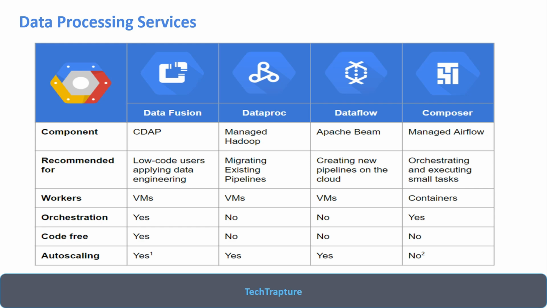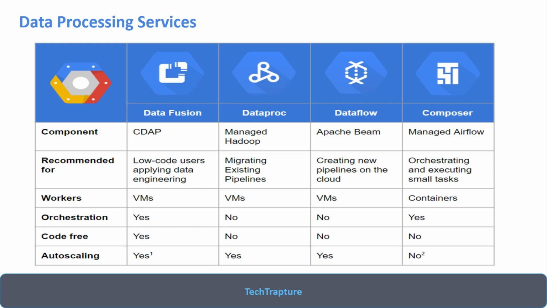Orchestration options are available, and it is code-free. Dataproc is a managed Hadoop service where you can execute your Hadoop or big data jobs. Again, it runs on virtual machines at the backend. Dataflow uses the Apache Beam Python framework and is used to build both stream and batch pipelines. It also runs on virtual machines.